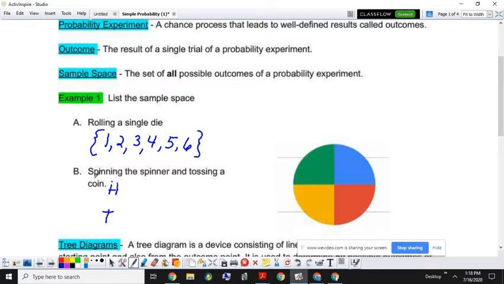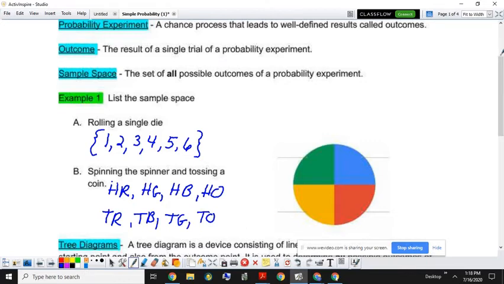So I can get heads and red, heads and green, heads and blue, heads and orange. Or I could get tails on the coin and get red, tails and get blue, tails and get green, or tails and get orange.